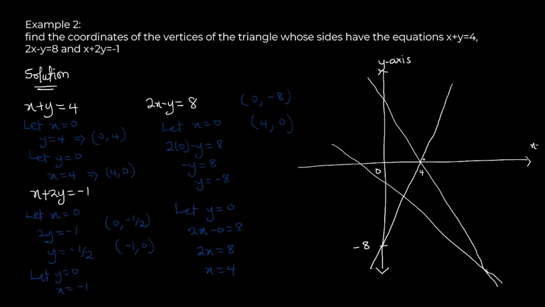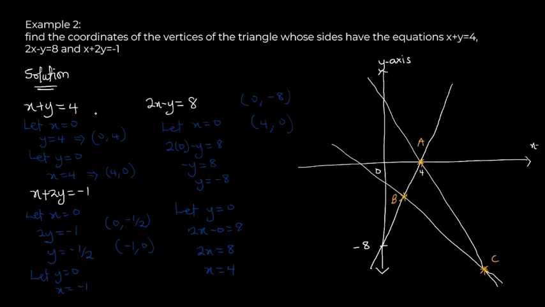Now, it means that we have this place as our vertex A, this point as vertex B, and this point as vertex C, and these are the points where we are supposed to solve the equations simultaneously to find the point where they intersect.